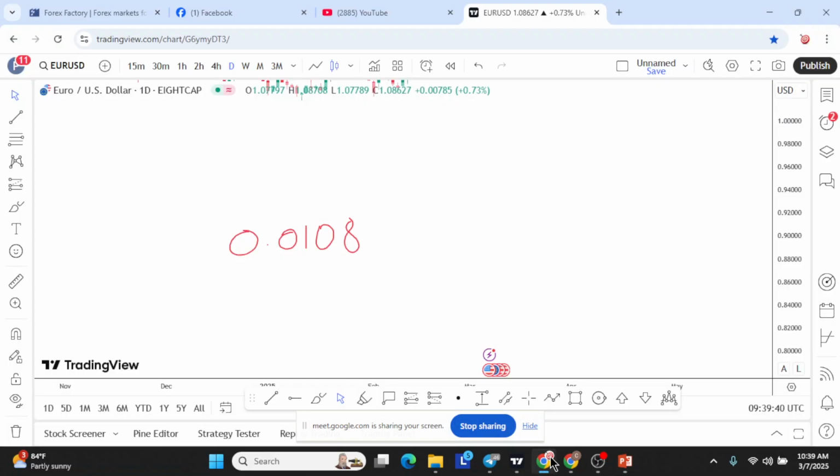We are not calculating that. This number here, 0.0108, how many pips are you seeing here? This is a number on its own. I've written it the way the tool you will be using shows it to you.